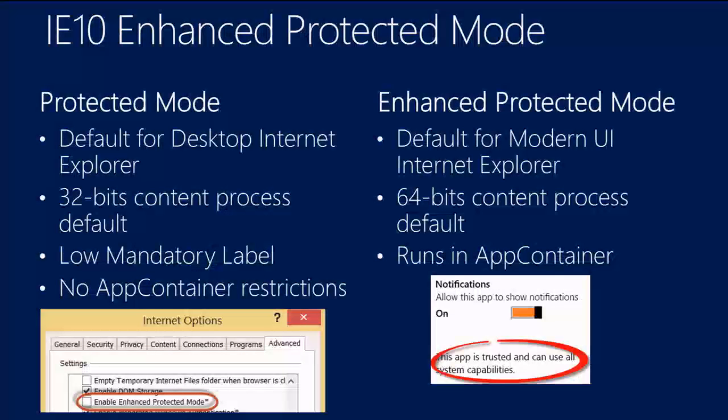So it's even more strict. And then it's also a 64-bit process. But the app container for Internet Explorer is a special app container, because if you look at its permissions, it says this app is trusted and can use all system capabilities. So for some reason, IE is more trusted than other Windows Store applications and can do different things.